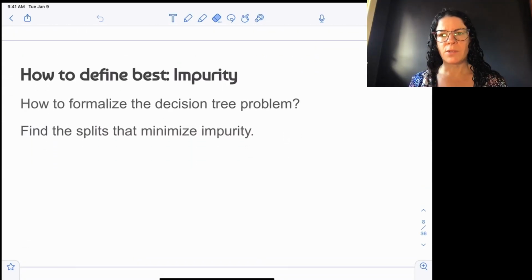How we do that, and I hope you remember this, is we look for splits that minimize impurity. Impurity is this mix of circles and triangles. We want each split of the space to be such that mostly we have either triangles or circles, so that it's more pure.